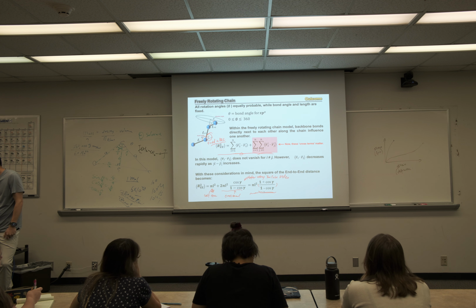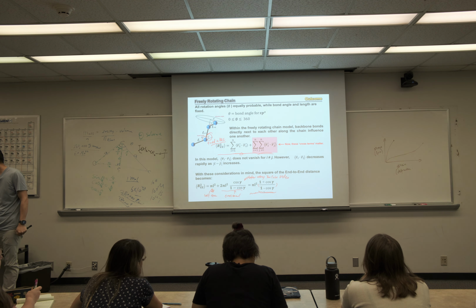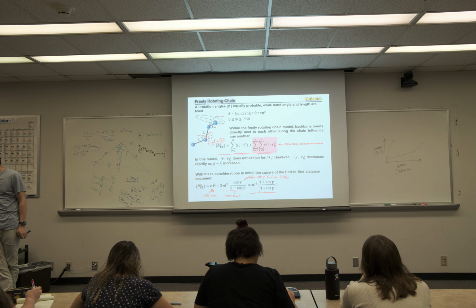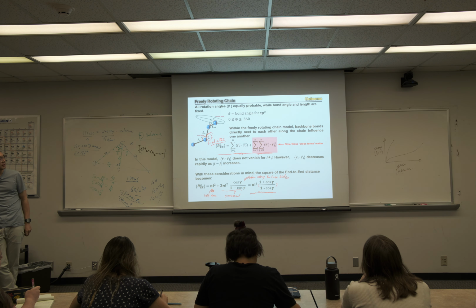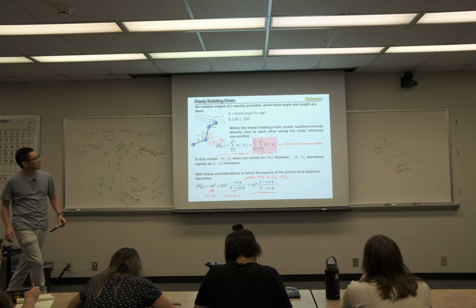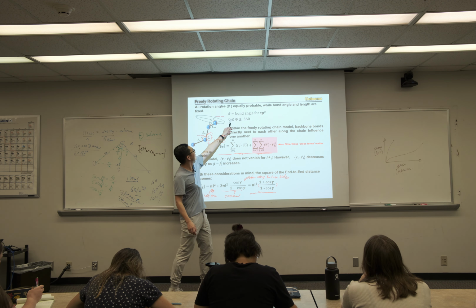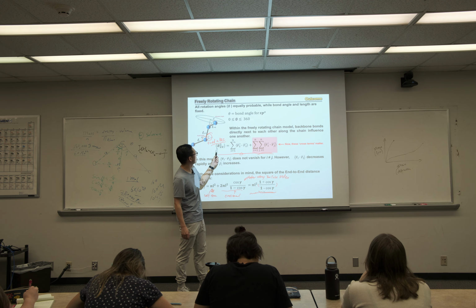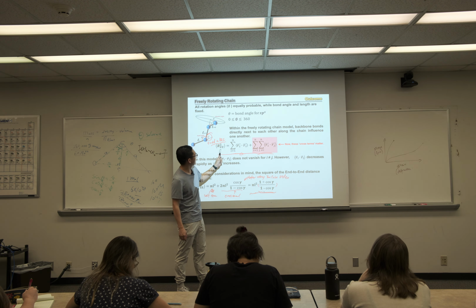And now we finally catch up with what we talked about in the freely rotating chain. In the freely rotating chain, we talked about how this impacts the size of the molecule. We talked about when the bond angle is fixed, but phi is random. We can get the end-to-end distance for this model.